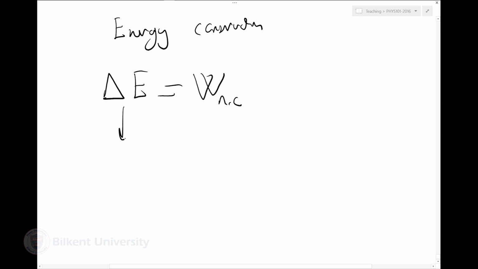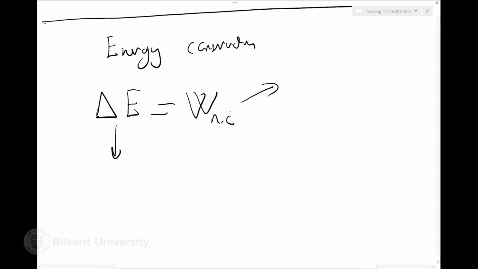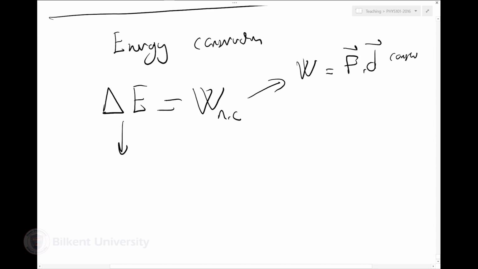And this, okay, let's look at the right-hand side. What's the work done on a system? It's going to be F dot d only if there is a constant force. More generally, I should write this as the integral of F dot dl from the initial point to the final point.